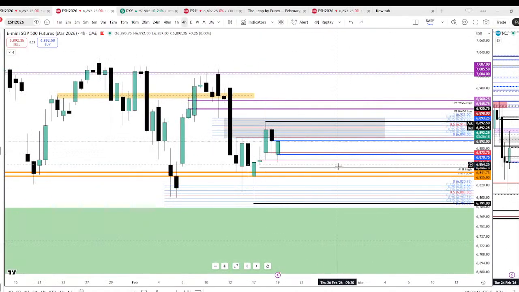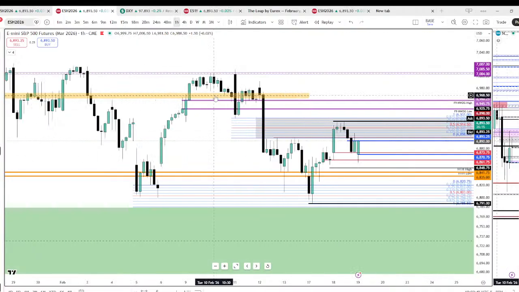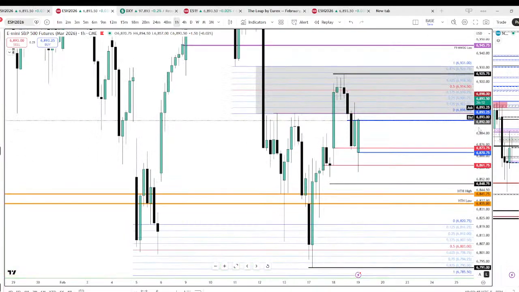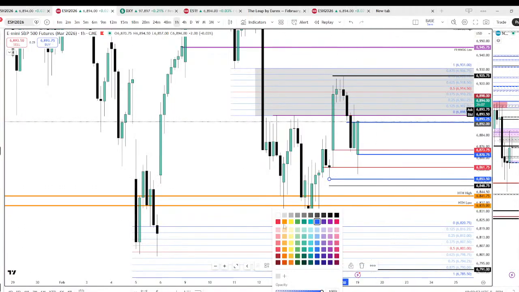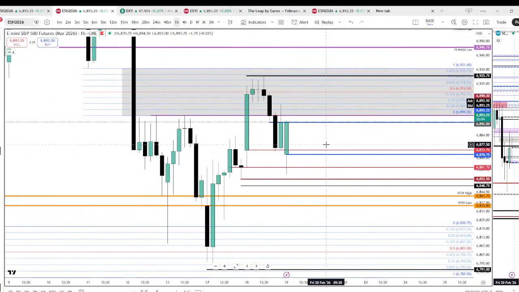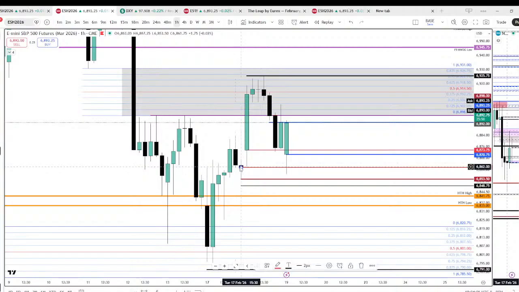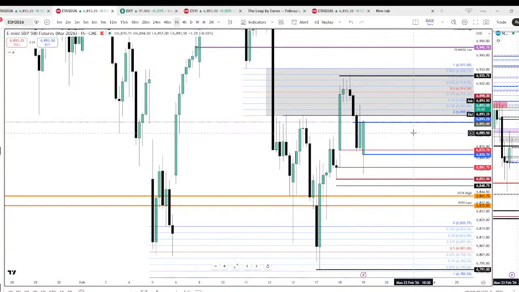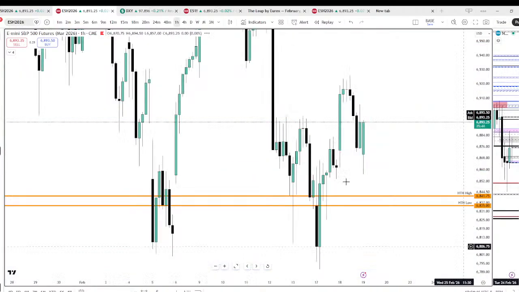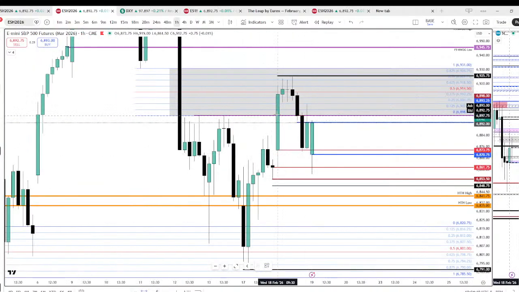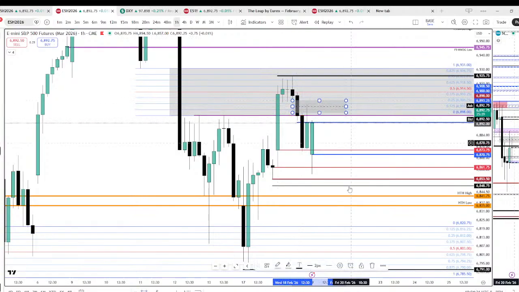Our 3-day kind of highs and lows. So it would be here. I always do my regular trading hours in that kind of maroon, so it's sort of close to the black, but not quite. So on the regular trading hours, we see this kind of inefficiency that was formed.